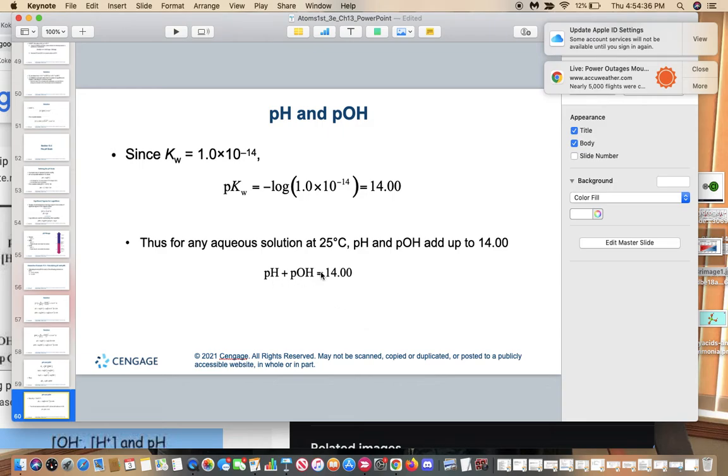Well, pH plus pOH is 14 because the negative log of Kw, 10 minus 14, is 14. So there's a relationship that's kind of handy to know. If you know the pH, the pOH is just 14 minus the pH, and vice versa.